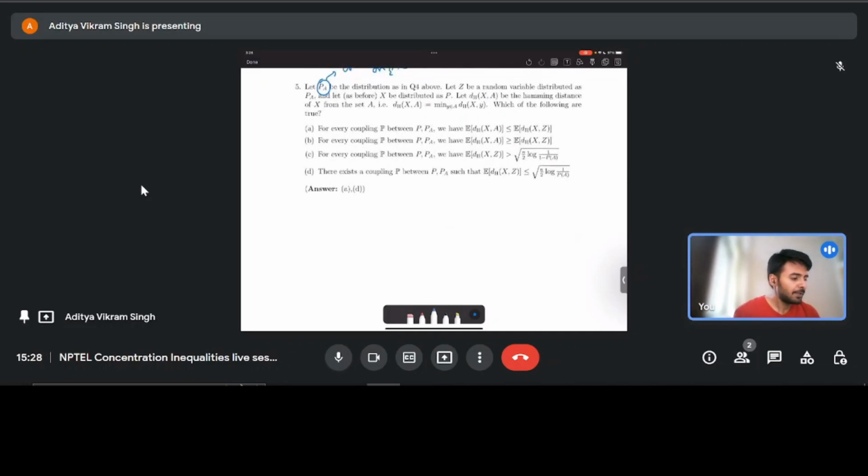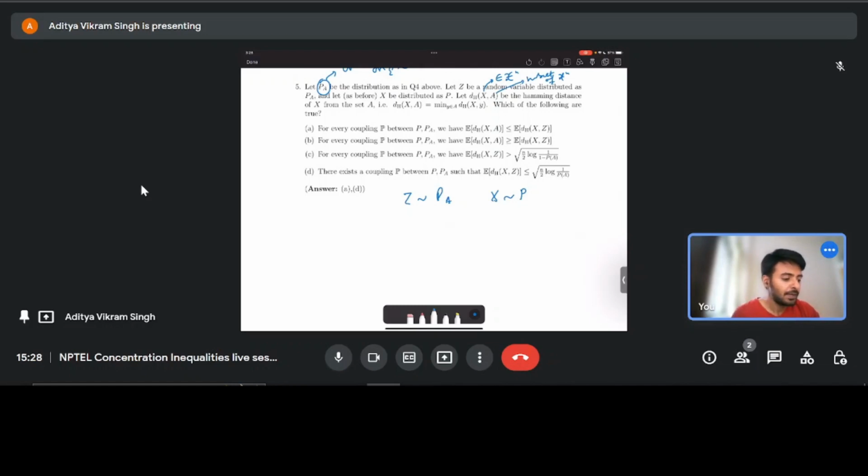Let Z be a random variable distributed as PA, so Z is sampled from PA, and X be distributed as P. Let the Hamming distance between X and A be the Hamming distance of X from the set A. X will be a random variable belonging to the set Xn, and A is a subset of Xn.